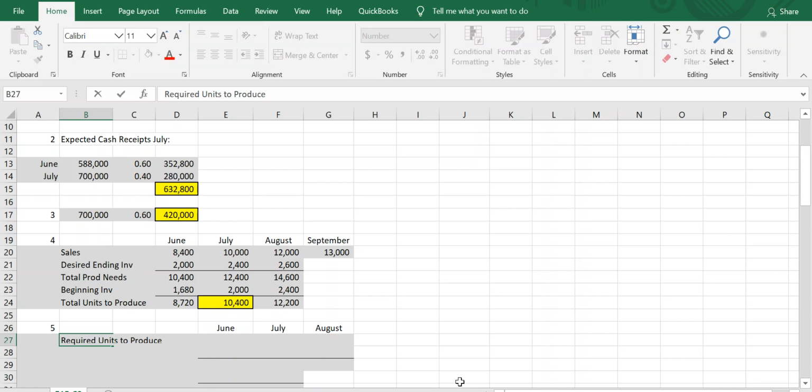And so we want to calculate exactly what it is we're going to require. So we have the units to produce based on our production budget for June is 8,720 coming from here.